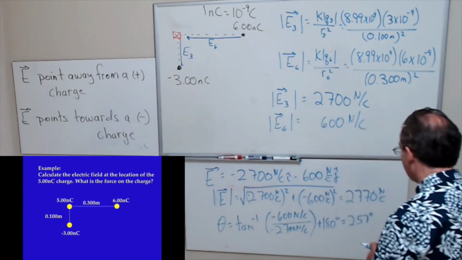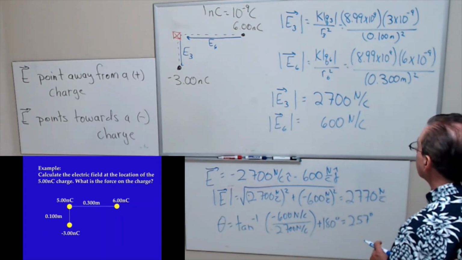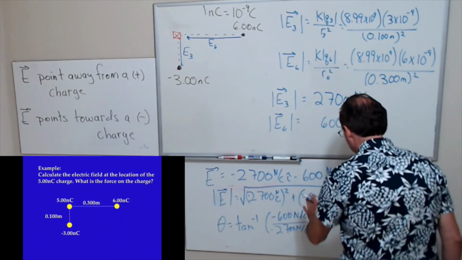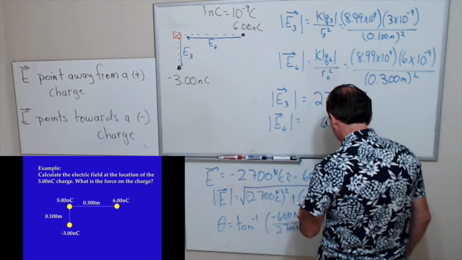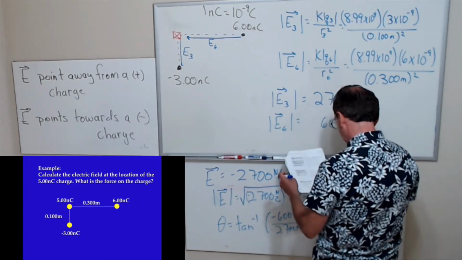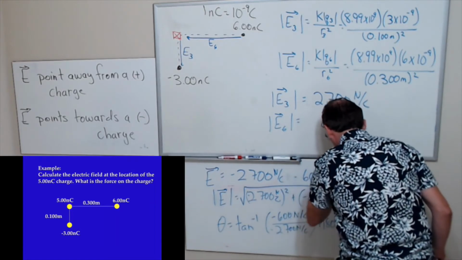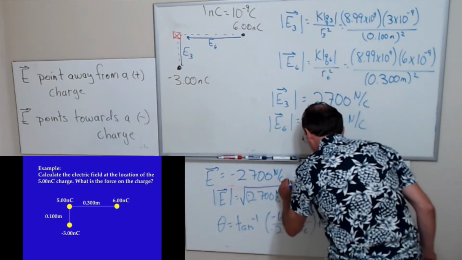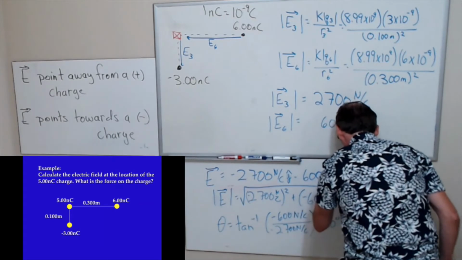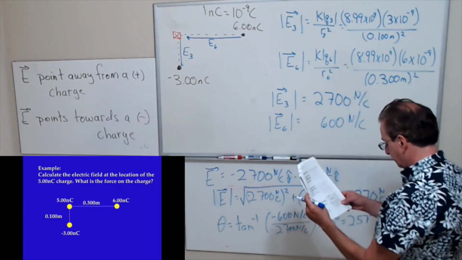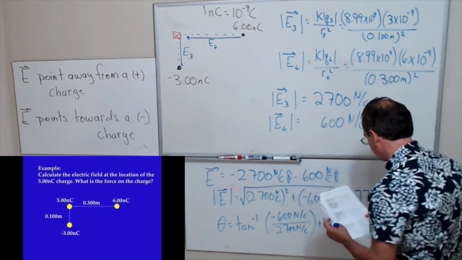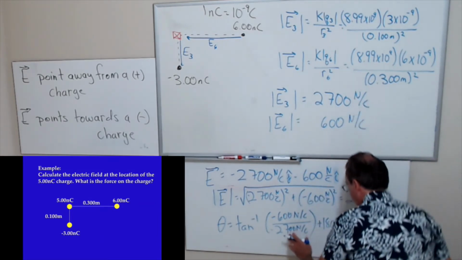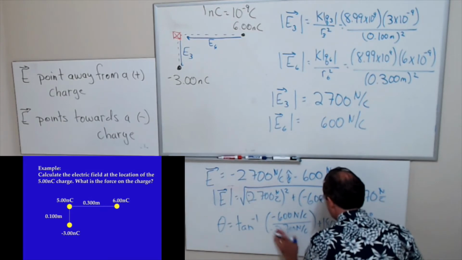Did I have my I have to say that's wrong? Yeah, you do. I'm sorry. Yes, I do. Sorry about that. I made a mistake. The i's and j's are wrong. So then this is messed up too.